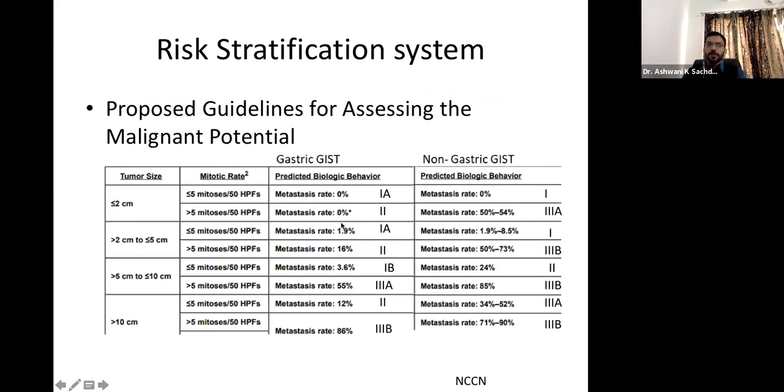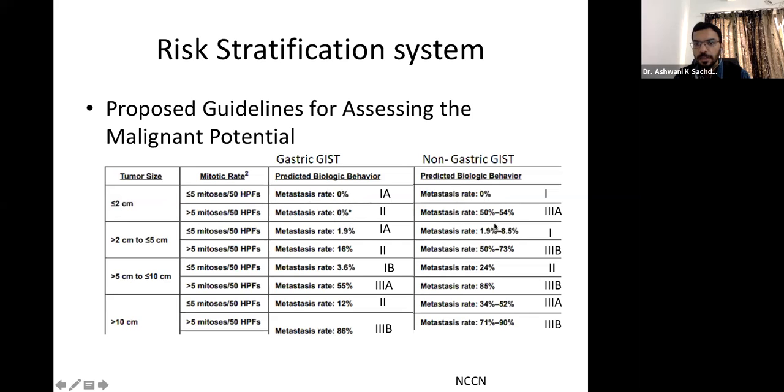So if you compare the potential of developing metastasis, less than 2 centimeter with low mitotic rate have only 0% in gastric and non-gastric GIST. With more than 5 mitosis, high mitotic rate, size less than 2 centimeter, in gastric GIST is only 0%.